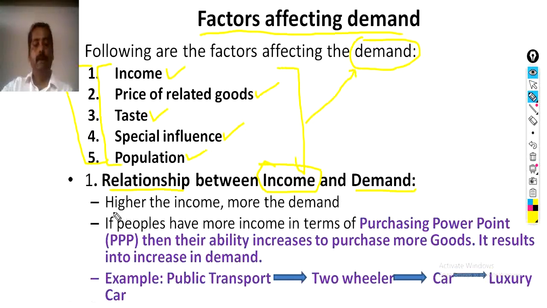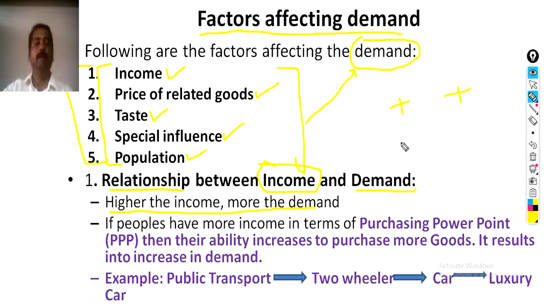The point here is that the higher the income, the more the demand. When income is more, or we can say income is positive, then demand will be positive. Or we can say if income is more, then demand will be more.